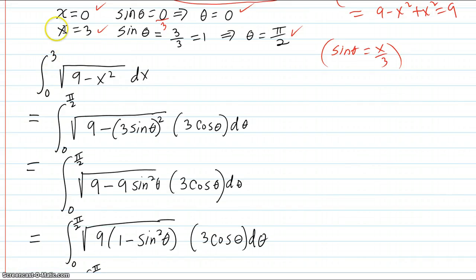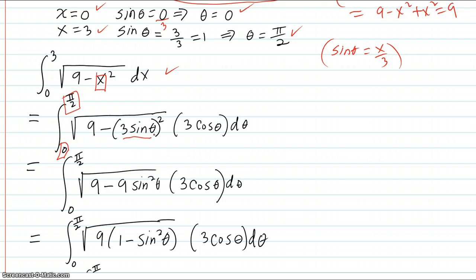Okay, so then we're ready to go ahead and do the substitution. The original integral is right here. So then we sub out the limits. The theta limits are when x was 0, theta is 0. When x was 3, theta was pi over 2. X is 3 sine theta.